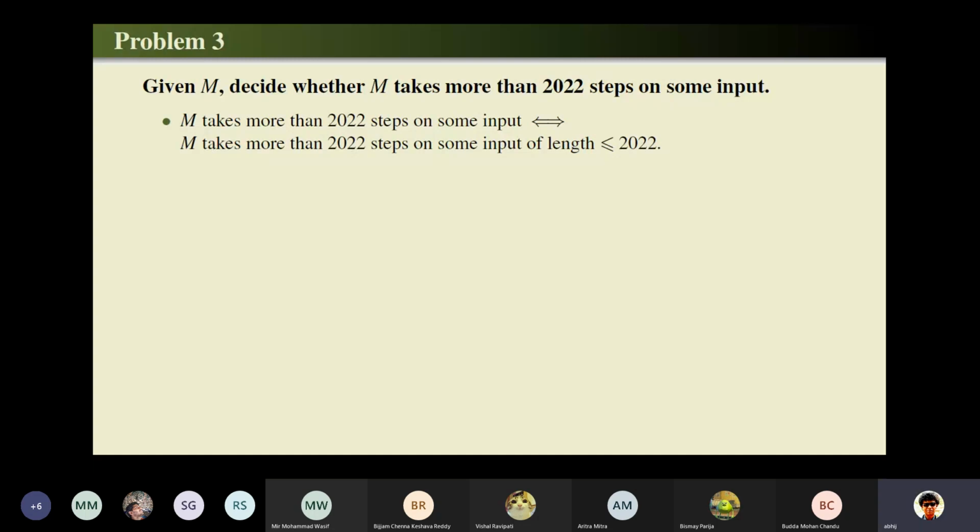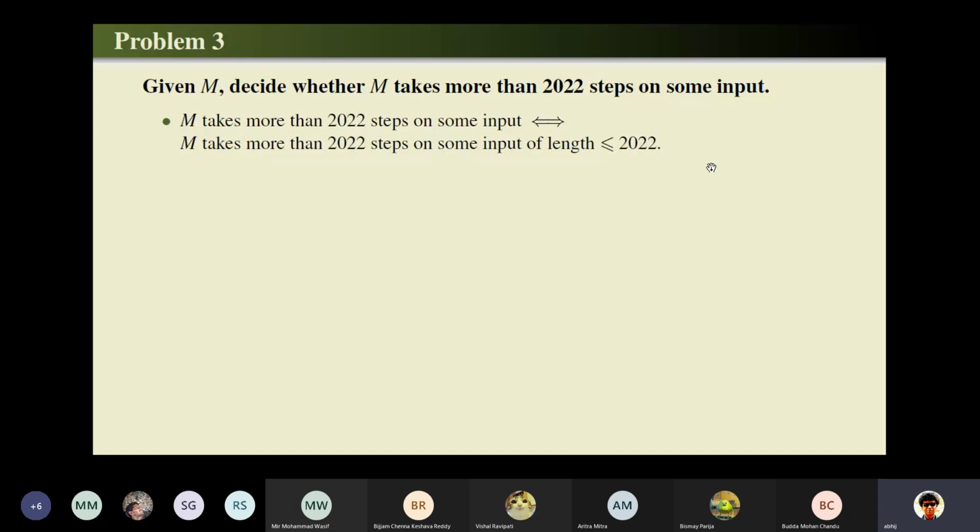What about the converse, that the left side implies the right?